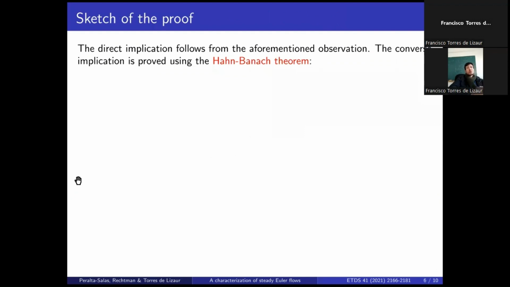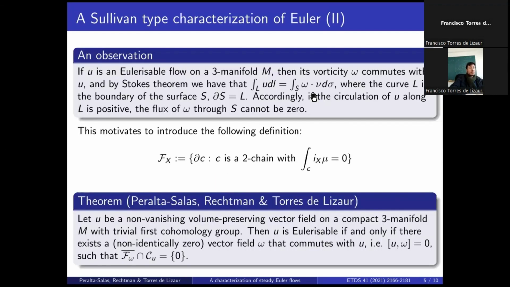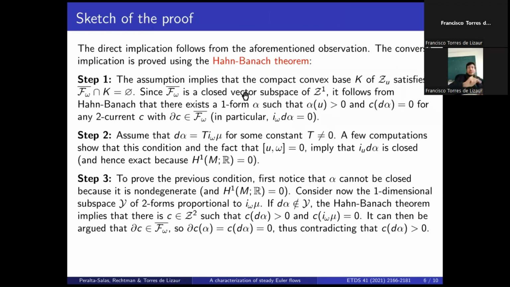Here the key is to use the Hahn-Banach theorem. Let me first put the whole proof here so that you can pause the video if you want to see it in a bit more detail. I'm going to be very brief. The crucial idea is that the set of Fourier cycles, this C_U, is a cone in the linear space of one-currents.